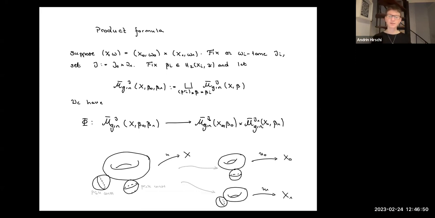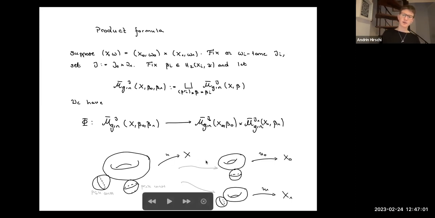My example is not quite great because this curve is not stable if you forget the map U. But in general, you see that the stabilization of the domain of U0 and the stabilization of the domain of U1 are the same. And actually the image of this product map is exactly the fiber product of these two moduli spaces over the moduli space of stable curves. But it's in general not injective.